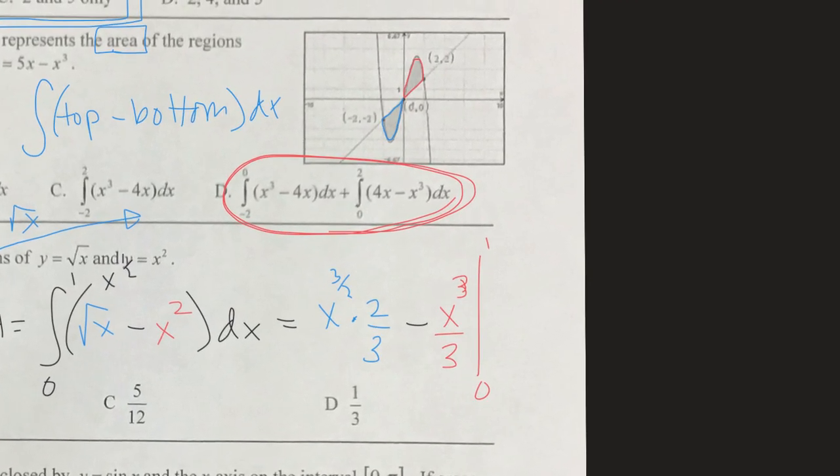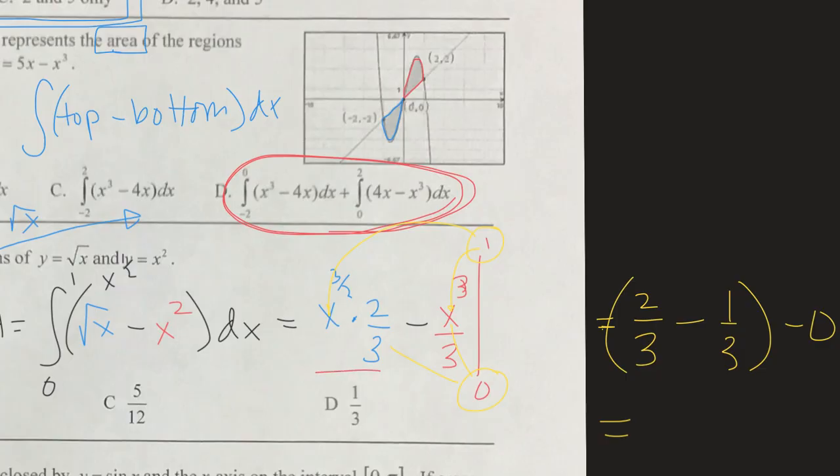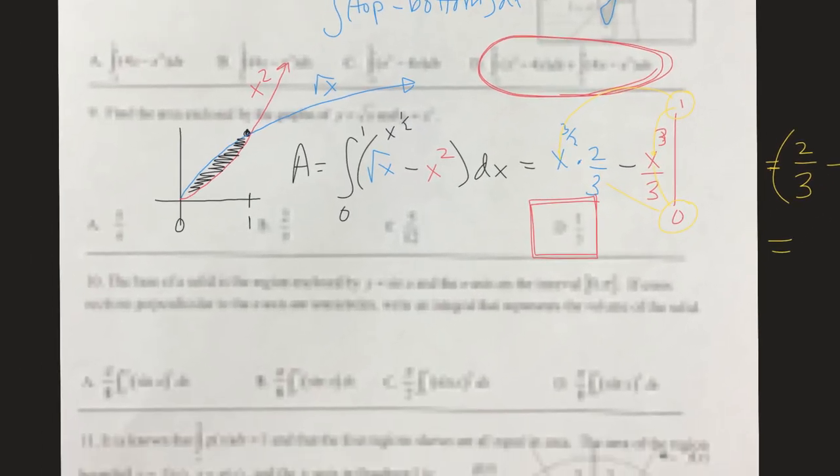When we plug 1 into here, that gives you 2/3, minus, when we plug 1 into here, that's 1/3. And then when we plug 0 in, we get 0 and 0. So the answer is, what is 2/3 minus 1/3? That's 1/3. Very nice. Okay, number 10.